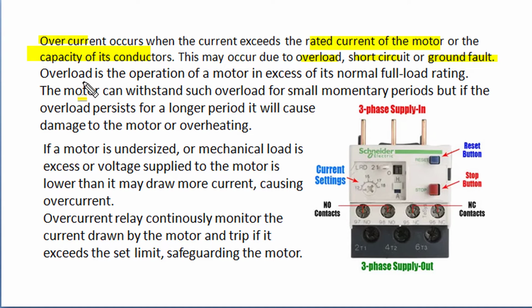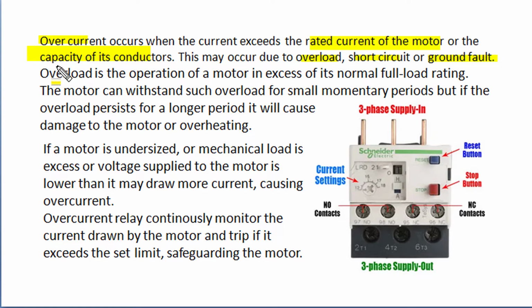Any motor can withstand a small amount of overload, up to 30% of normal full load current, for a small time interval, but if such overload persists for a longer period, say 20% overload for half an hour, it will cause damage to the motor by temperature rise or overheating.